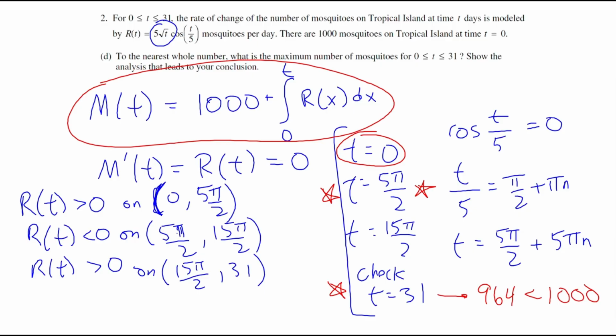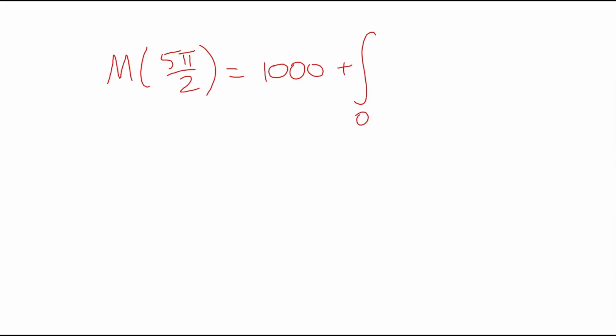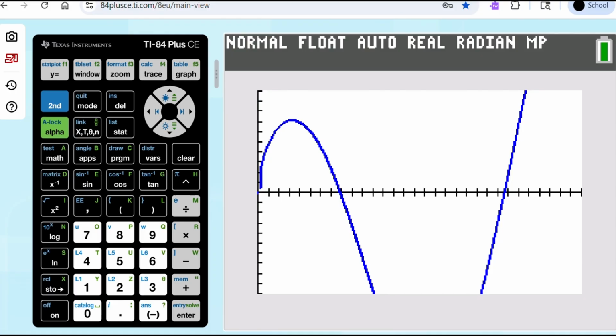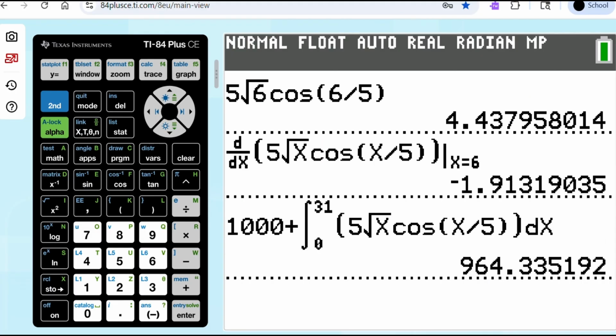We've kind of run out of room here, so we'll do this on a new page. M of 5 pi over 2 is just 1,000 plus the integral from 0 to 5 pi over 2 of r of t dt. And so we'll do this on our graphing calculator. We'll hit second quit to go back here.